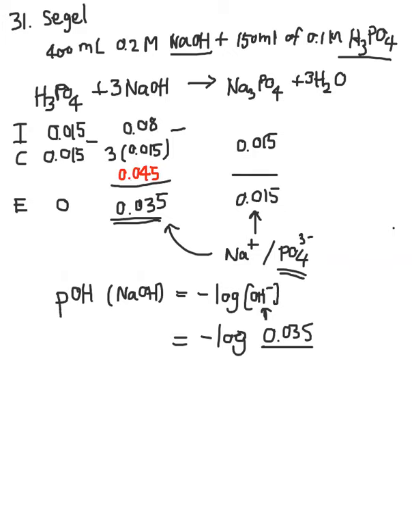It's actually the total volume of sodium hydroxide and H3PO4 that you mixed in the first place. So in total here you have 550 milliliters, which is equal to 0.55 liters, so you divide by 0.55 liters to make it the concentration.